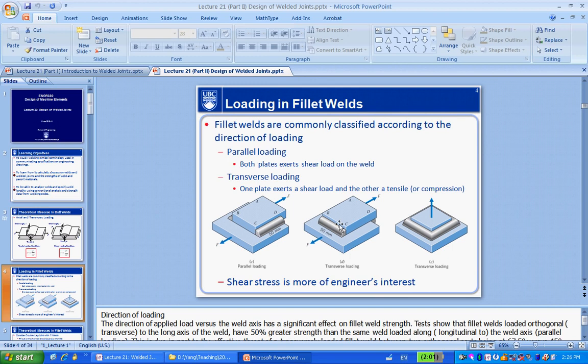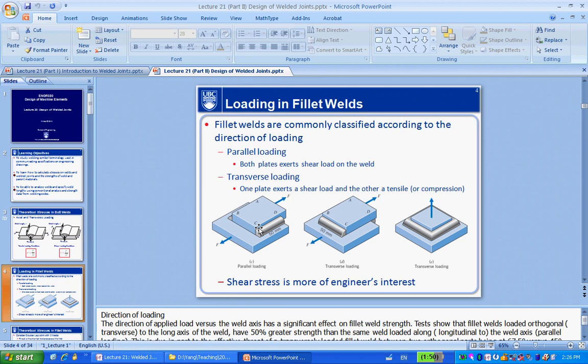If you look at these three, particularly the first one, there are two plates, F here, and fillet welds here. If you look at the stress at that section and at the bottom, both of the surfaces will feel the so-called shear stress, so F divided by a certain area.